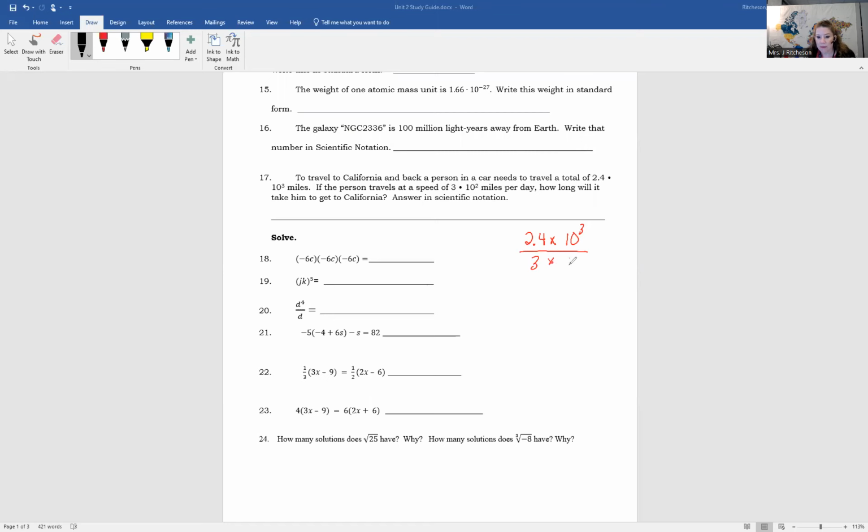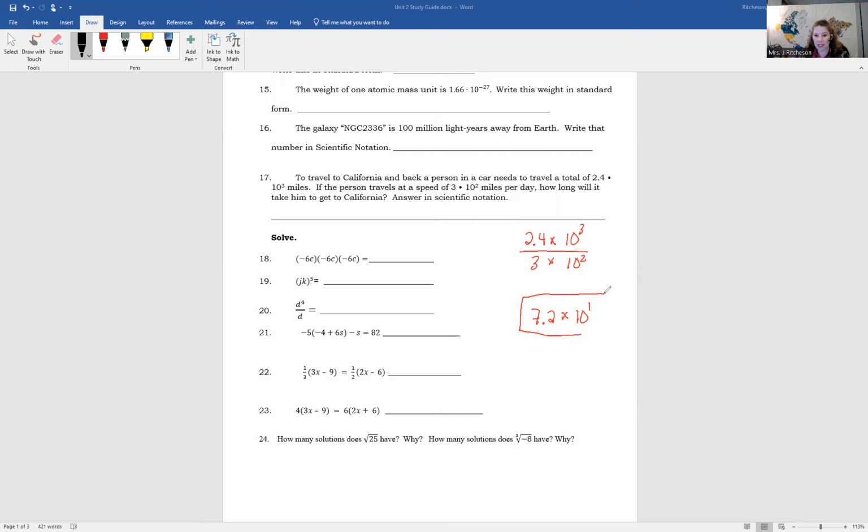If you have the right calculator, put it in scientific notation mode. If not, you have to divide those first two numbers. 2.4 divided by 3 is 7.2. And the exponent rule for dividing two numbers with the same base, what do you do with the exponents? You subtract them. So 3 minus 2 is 1.